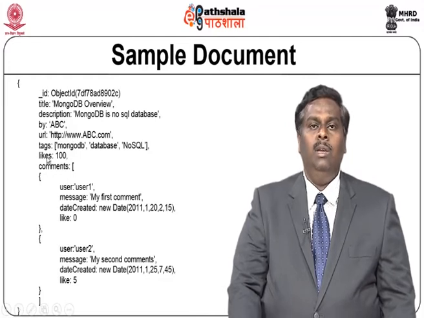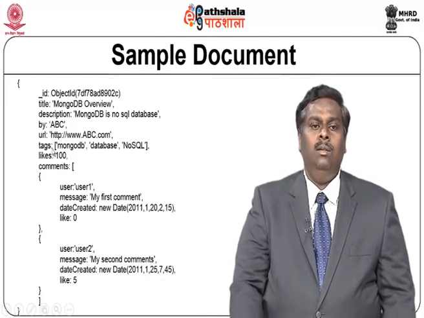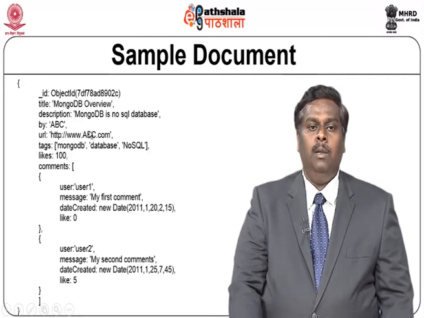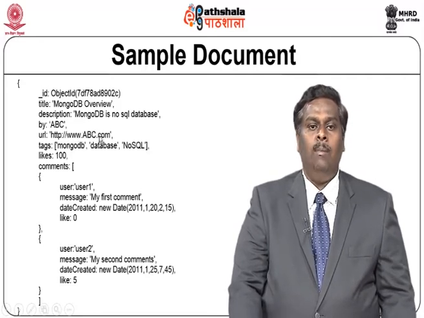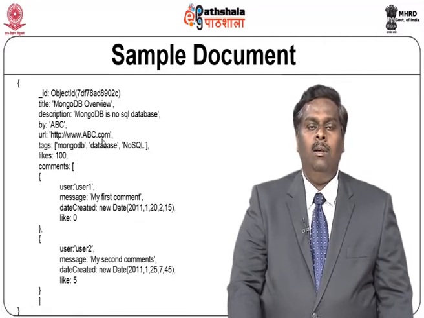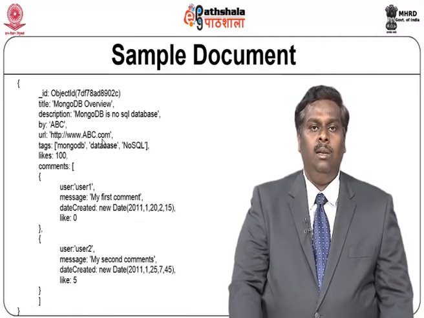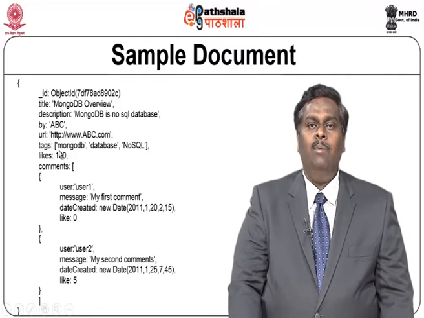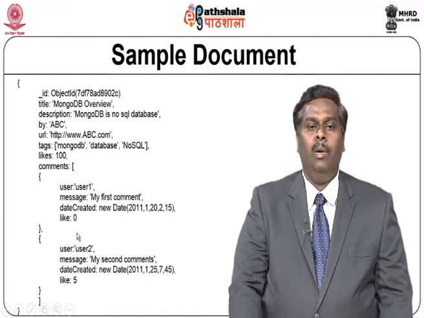If it is going to be, say, an article that is available in this web page www.abc.com, there may be many users who have read and given a like to this particular content, and that like can be indicated by means of a like field. Then the comments given by various users after reading the document.